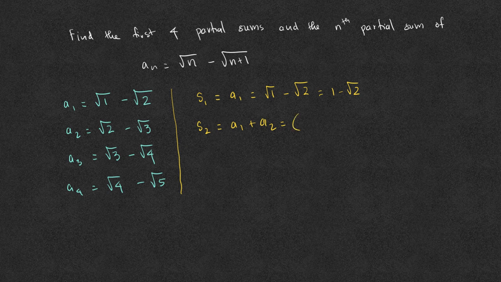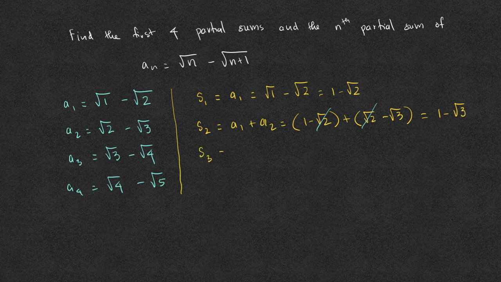But A sub 1 is 1 minus root 2, and A sub 2 is root 2 minus root 3. This is 1 minus root 2 plus root 2 minus root 3, but minus root 2 and plus root 2 cancel out, and so we end up with 1 minus root 3.